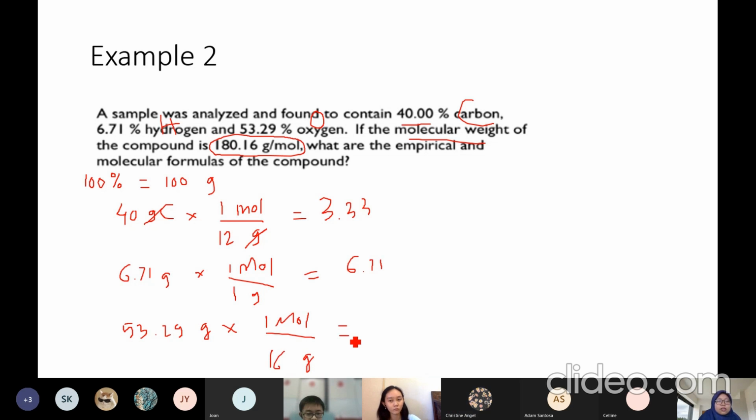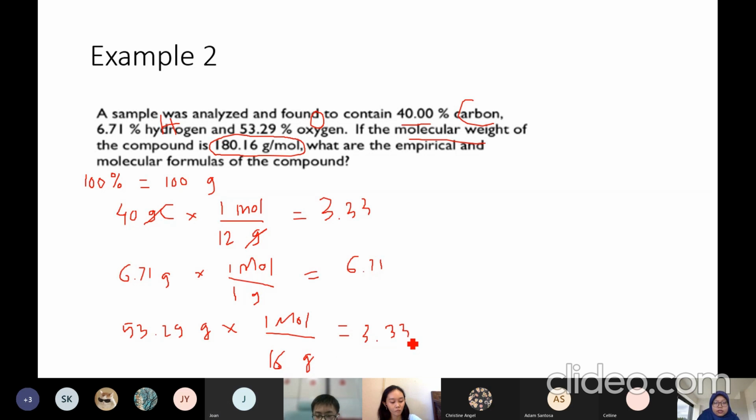So it equals, please calculate it. 53.29 over 16 is 3.33.